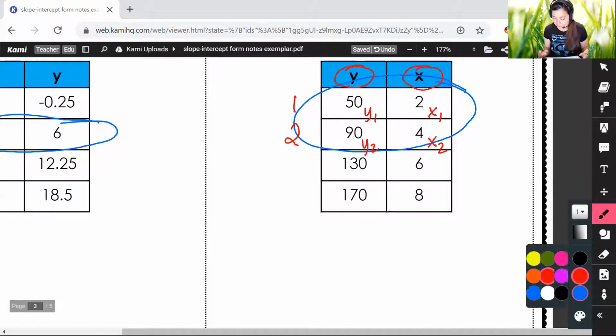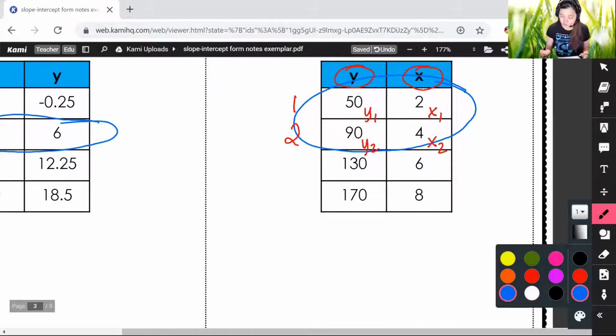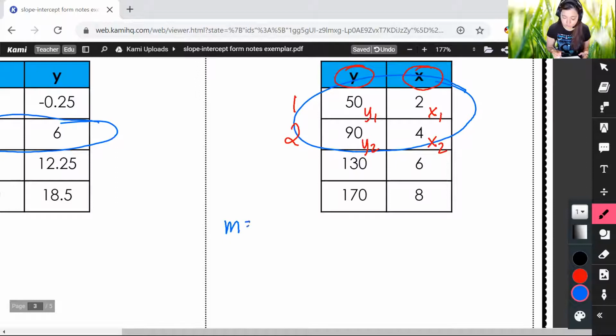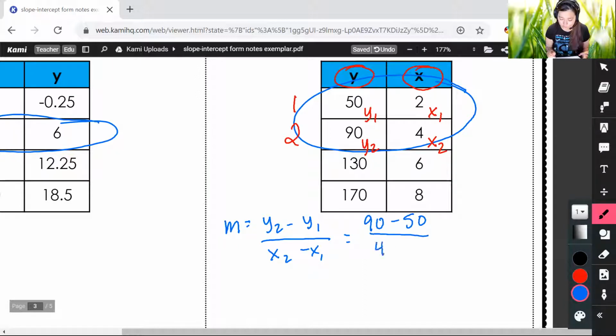Now that we've chosen that, we can find our slope. Make sure you leave yourself enough room to solve for the y-intercept too. So m equals y2 minus y1 divided by x2 minus x1. y2 is 90, y1 is 50, x2 is 4, x1 is 2, right? 90 minus 50 is 40, 4 minus 2 is 2.